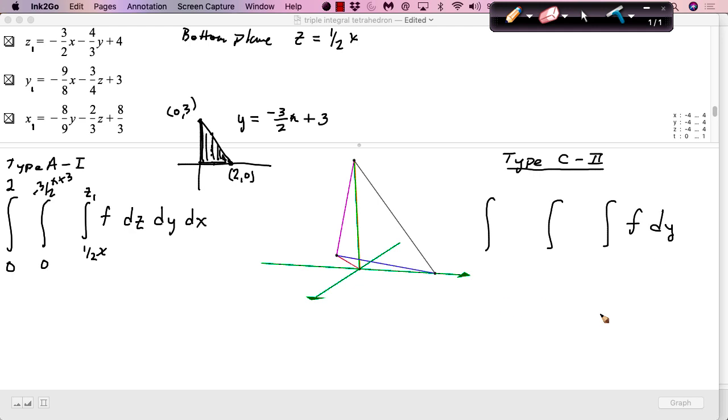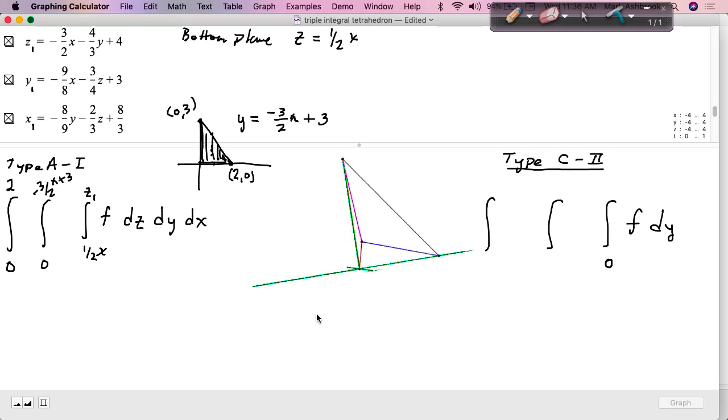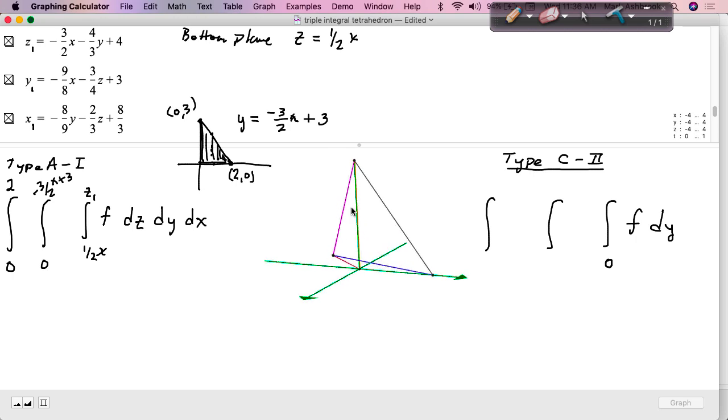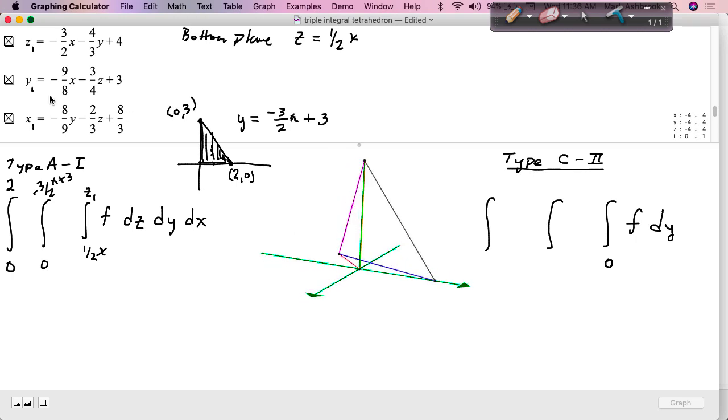From left to right. What's the left surface? y equals 0. That's the left surface. The right surface is? So from left to right, what's the right side of this? It's y1, right? The right side is also this plane.